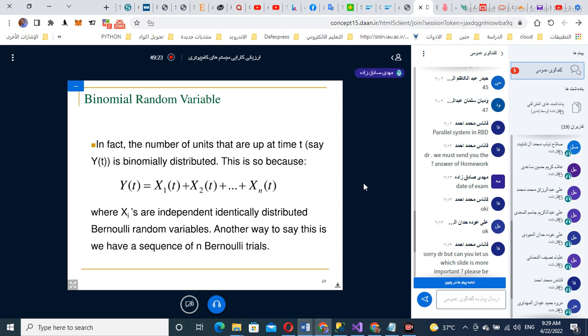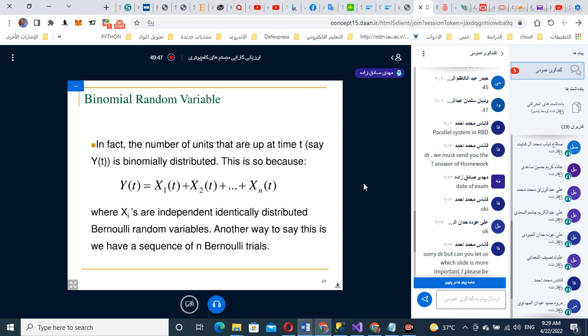Binomial random variable. In fact, the number of units that are up at time t, say Y(t), is binomially distributed. This is so because Y(t) equal X1(t) plus X2(t) until Xn(t), where Xi are independent and identically distributed Bernoulli random variables.